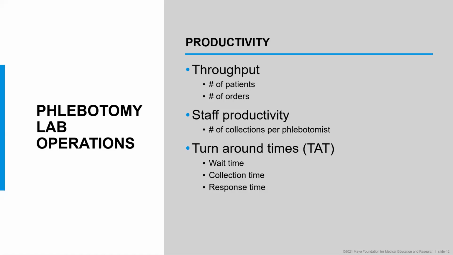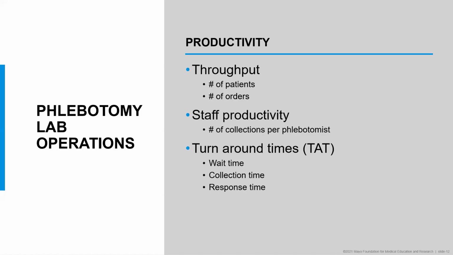Looking at service time or turnaround time. For outpatient areas, you can look at wait time. Once a patient checks in at your facility, how long does it take before you call them for the actual blood collection? Knowing the wait time allows you to look at your lobby size.